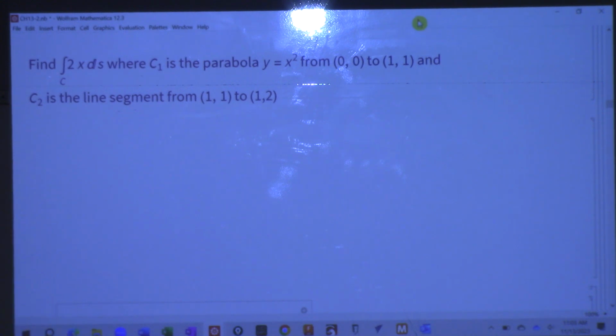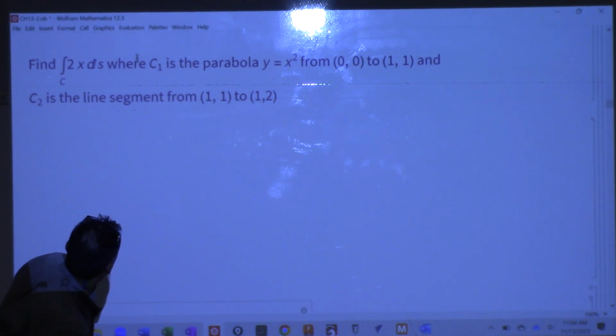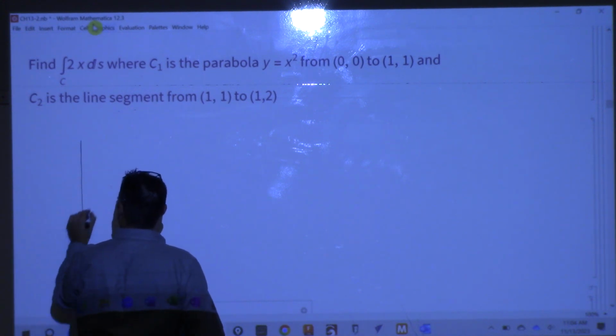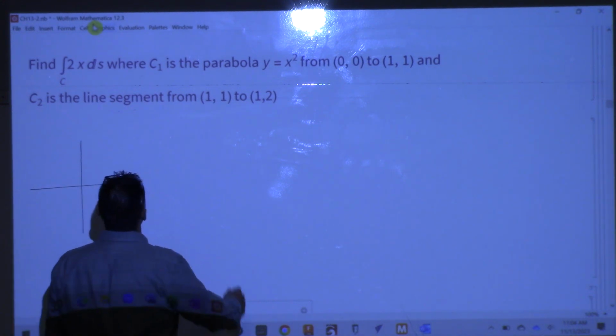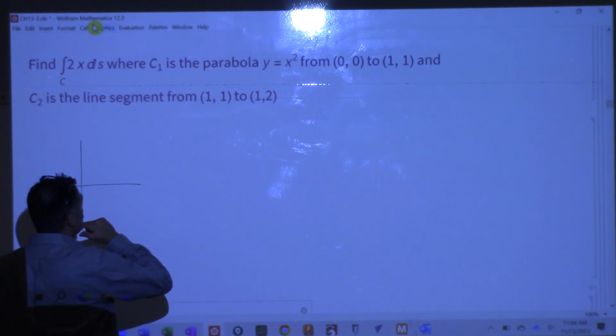All right, so first thing I'm going to do is realize that we want to go over the curve C, but then it gives us two curves, C1 and C2. So C is made up of both of these curves. So we have to integrate over two separate curves. Let me draw this domain, which is C. So let's start here. C1 is a parabola, y equals x squared from (0,0) to (1,1).